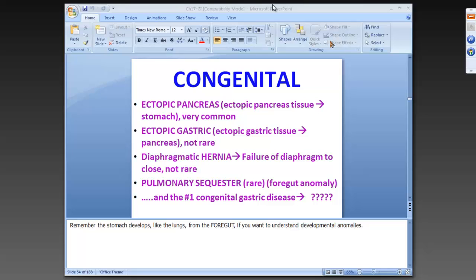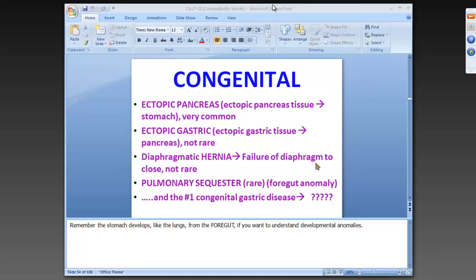Ectopic pancreas, affecting the stomach, is very common. Ectopic gastric tissue, affecting the pancreas, not rare at all. Diaphragmatic hernias, probably more common than we might think, right? Which is a failure of the diaphragm to close. And pulmonary sequestration, that one is rare, which is a foregut anomaly.